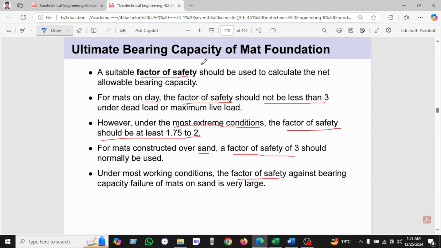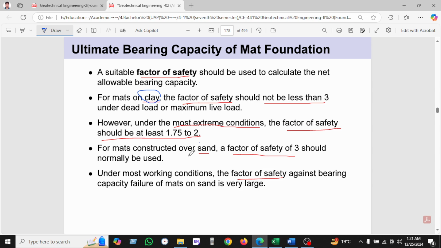Okay, so we can see the factor of safety again. For a mat on clay, the factor of safety should not be less than 3 under dead load and maximum live load. However, under the most extreme condition, the factor of safety should be at least 1.75 to 2.